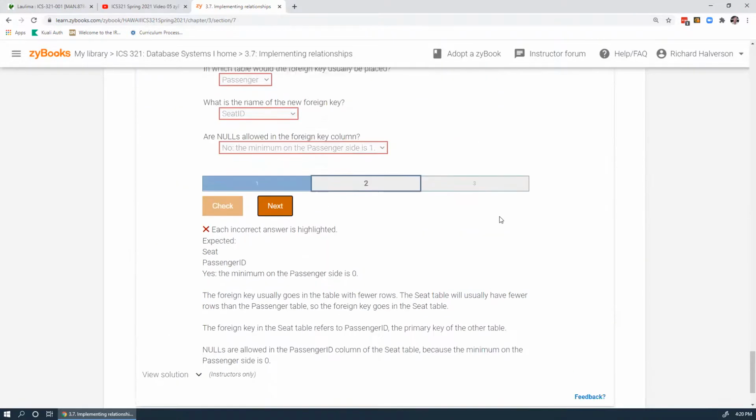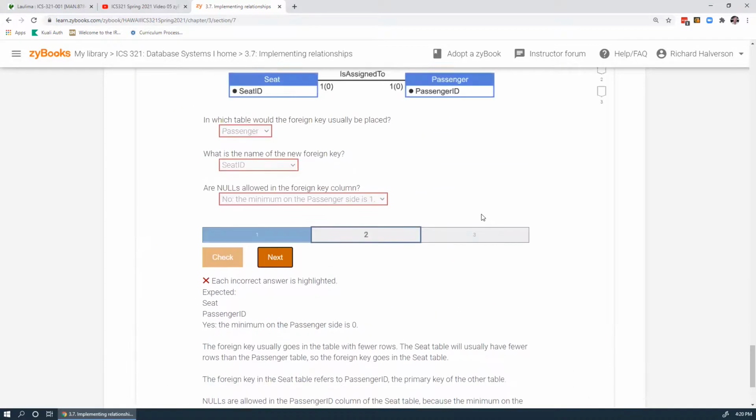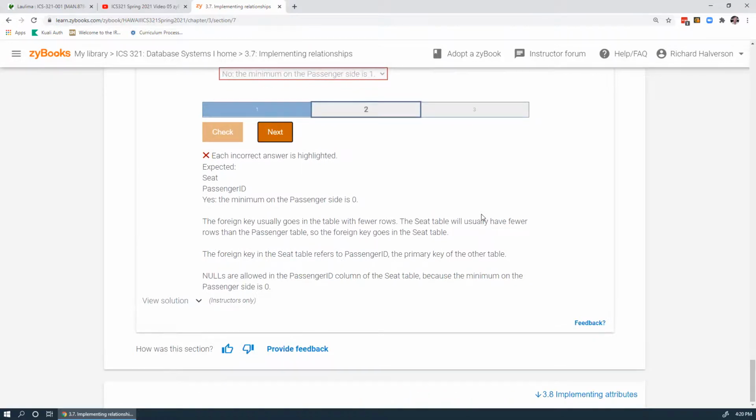So if you can have passengers without seats, nulls are allowed in the passenger ID column of the seat table. I guess they're talking about overbooking. You could have passengers without seats if they overbook.